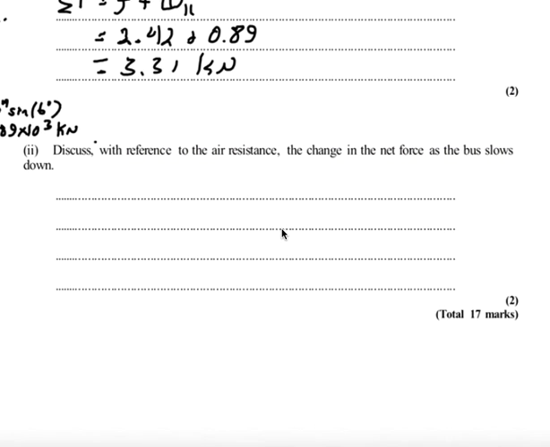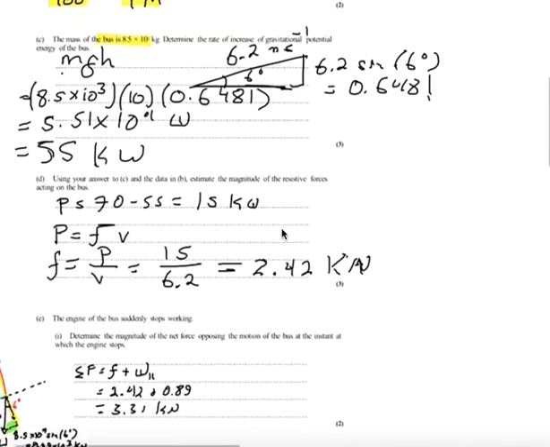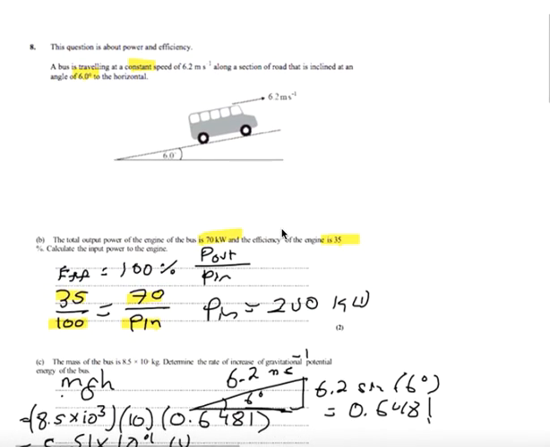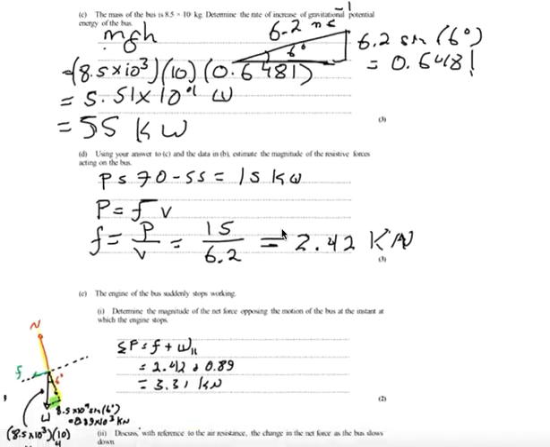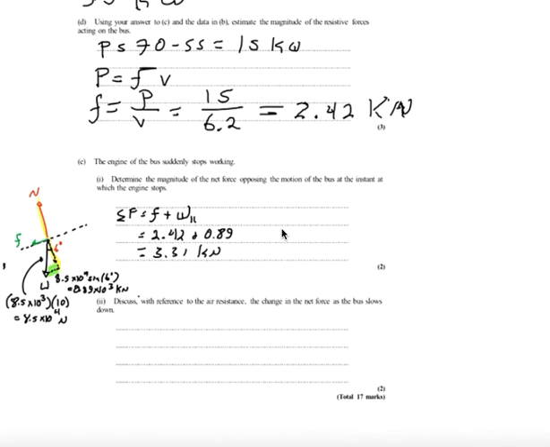All right. The last part says to discuss with reference to air resistance the change in the net force as the bus slows down. Well, the air resistance is related to the speed. And this bus, as its engine cuts off, is going to continue traveling up the ramp, but it's going to go slower and slower, which means that the force of friction is going to get smaller and smaller.